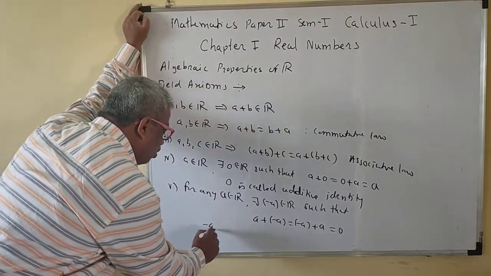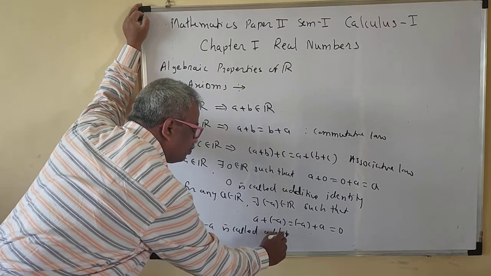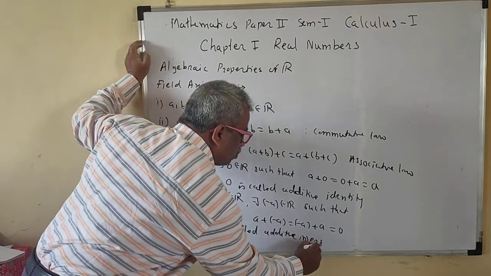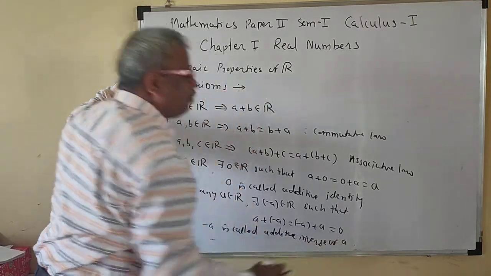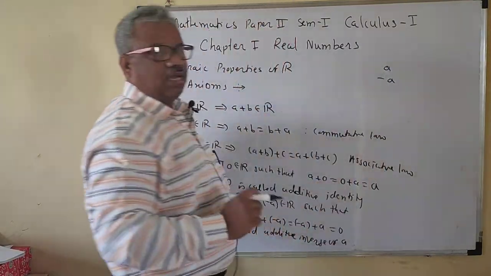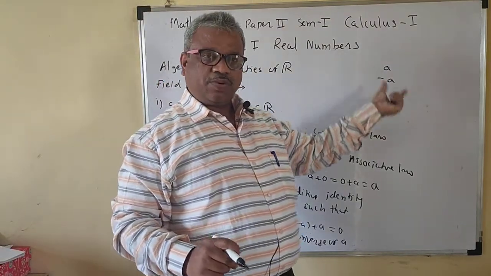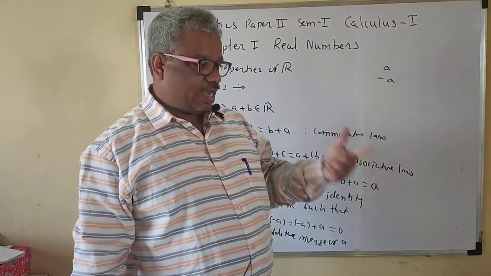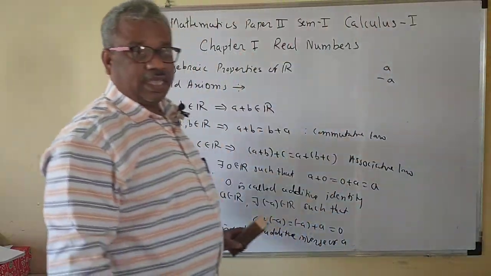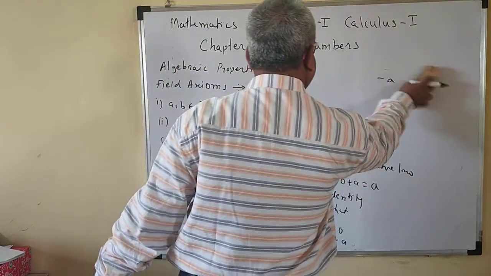Minus a is called the additive inverse of a. So that means if a is a real number, then minus a is also a real number. If you take the addition of these two, we get the additive identity. Then minus a is called the additive inverse of a, or a is the additive inverse of minus a.